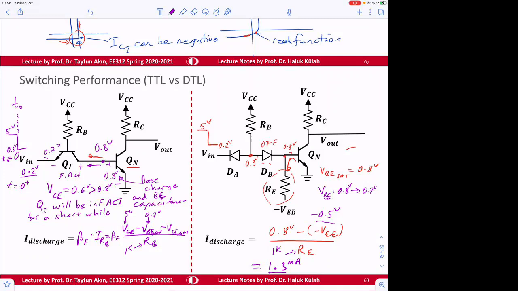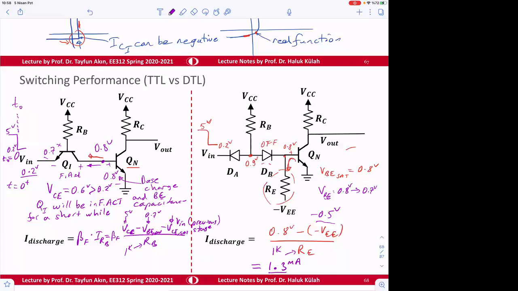Is there a mistake here? No, this is input. VCE SAT of the previous stage. Oops. So this is V in effect from the previous stage.